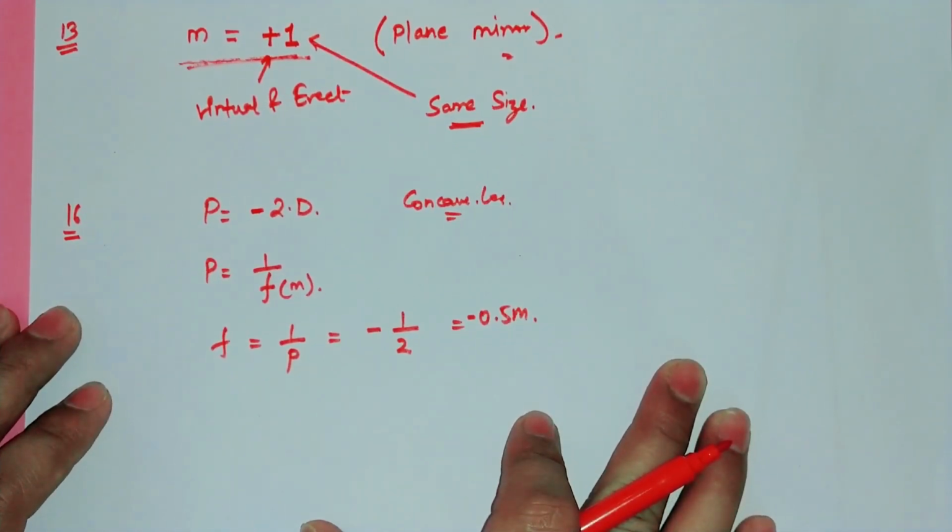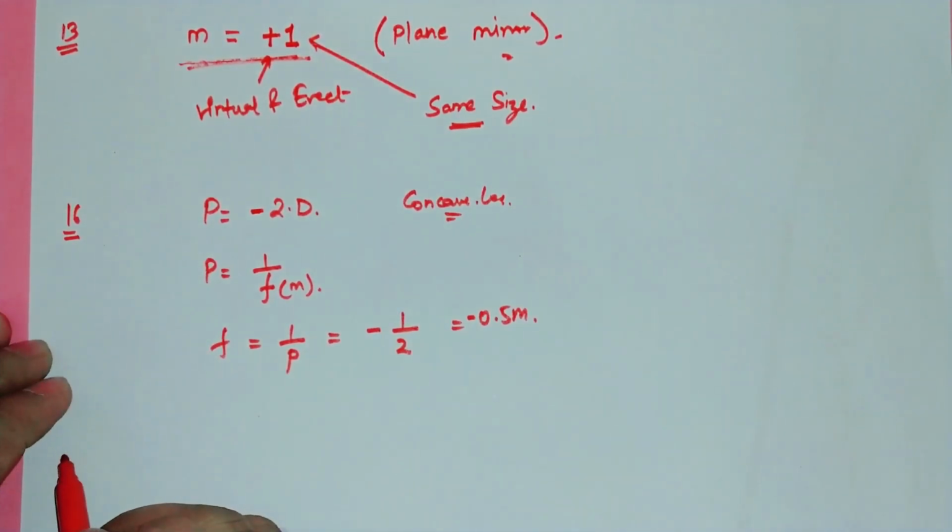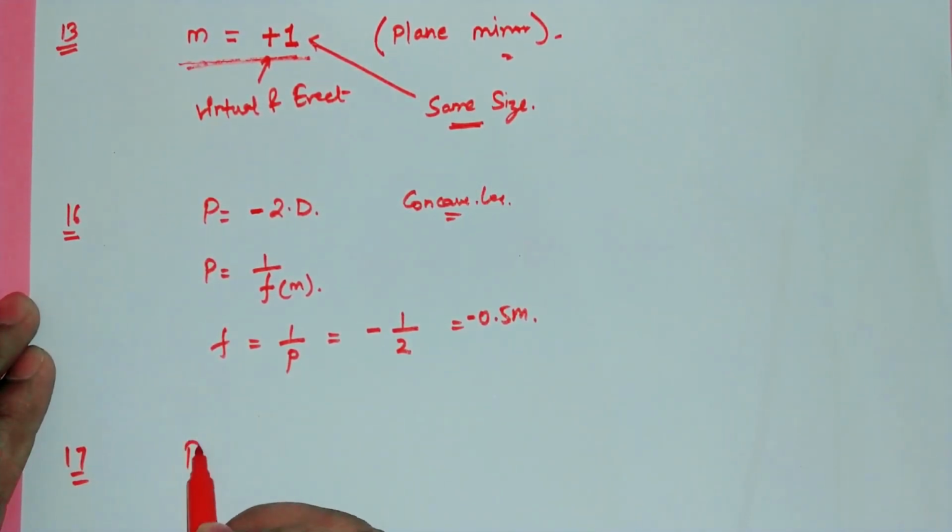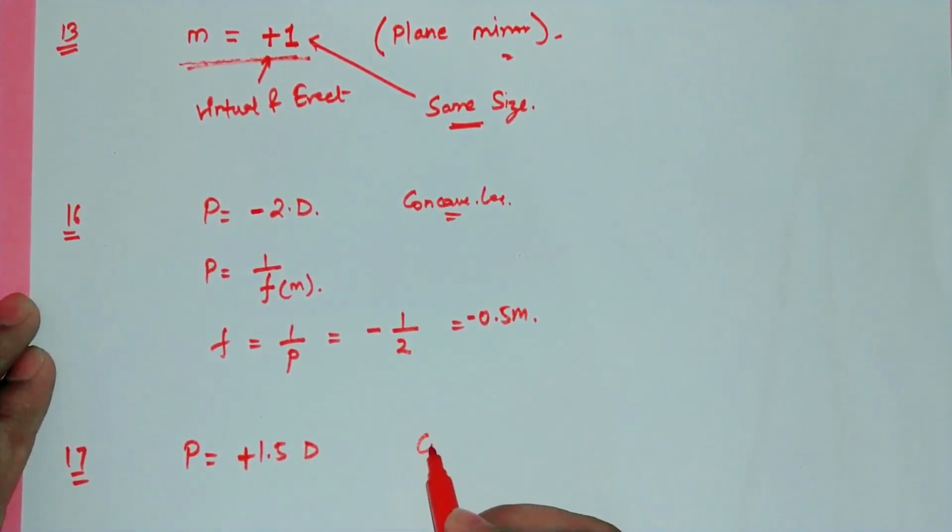Next is question number 17. A doctor has prescribed a corrective lens of power +1.5 diopter. We know that if power is +1.5 diopter, it means the lens is a convex lens because its power is positive. We can find the focal length: focal length is equal to 1 upon p.